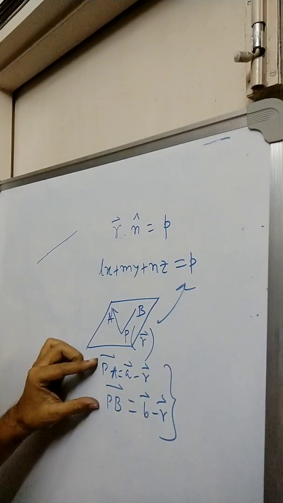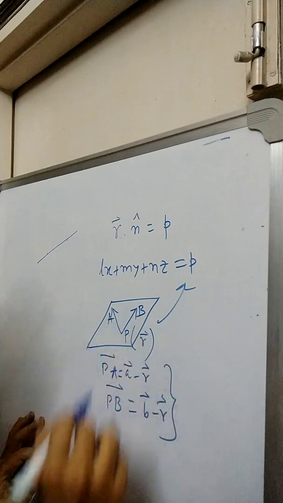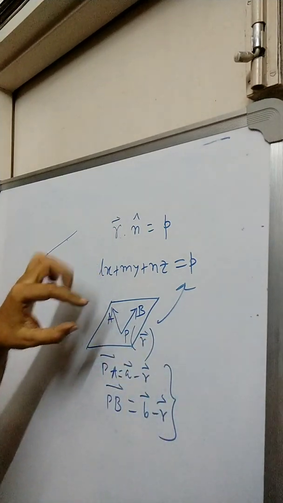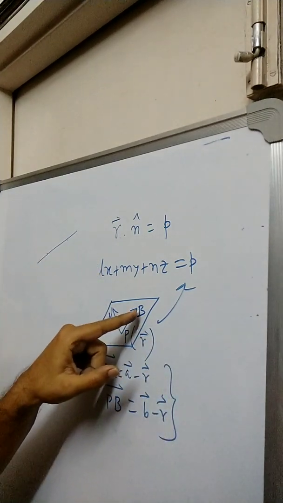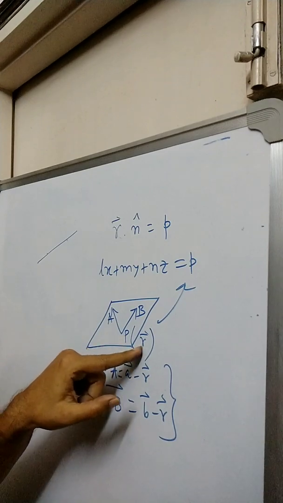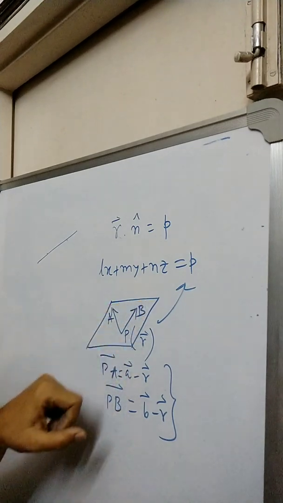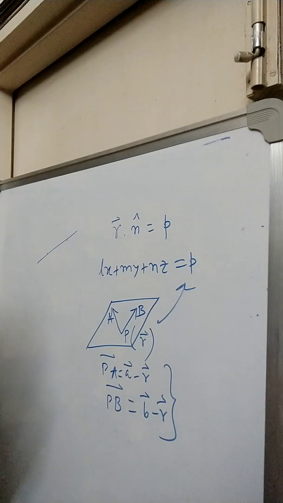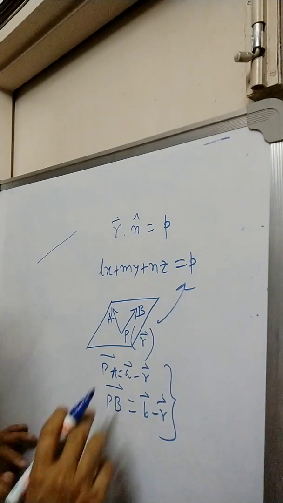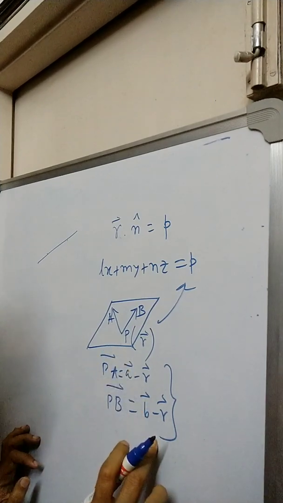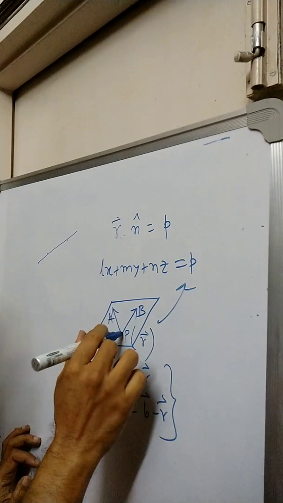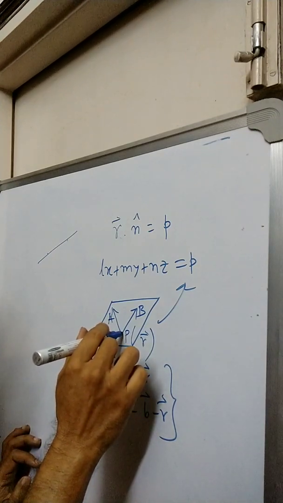Always remember this, a straight line representing a vector with two endpoints P and B having position vectors r vector and b vector is represented by b minus r. So if we take the cross product of these two, we get the perpendicular vector n cap on this plane.